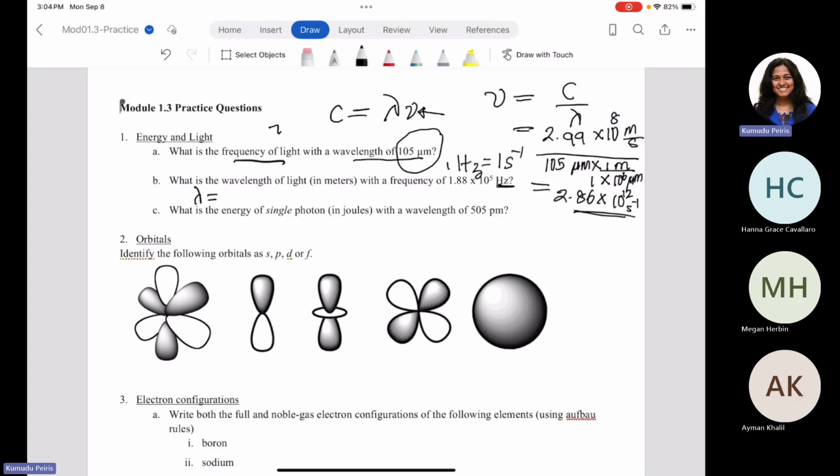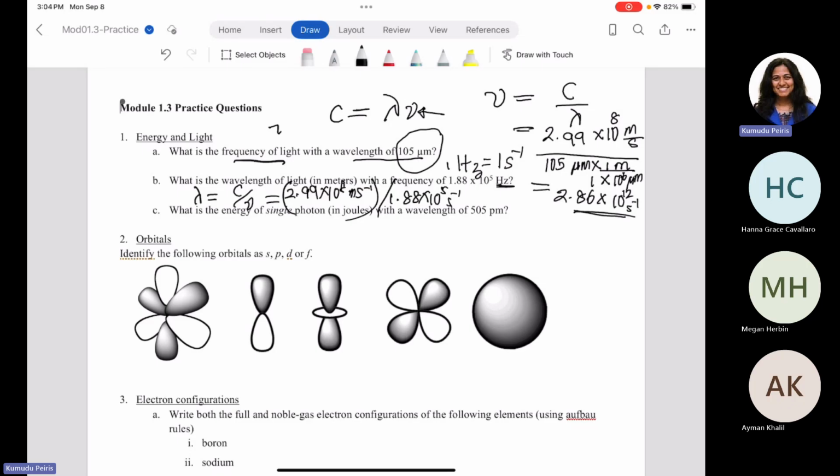Wavelength will be equal to the speed divided by the frequency. Again, we'll use the speed of the light, 2.99 times 10 to the 8 meters per second, divided by 1.88 times 10 to the 5th per second.